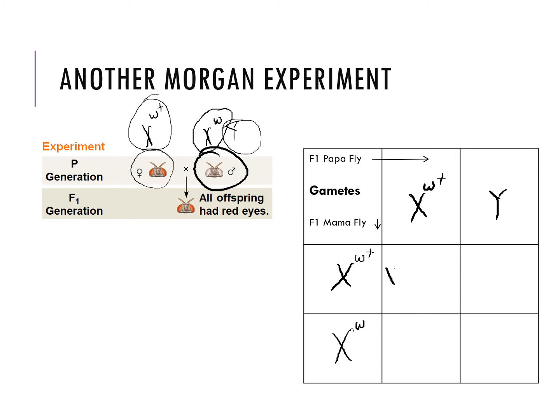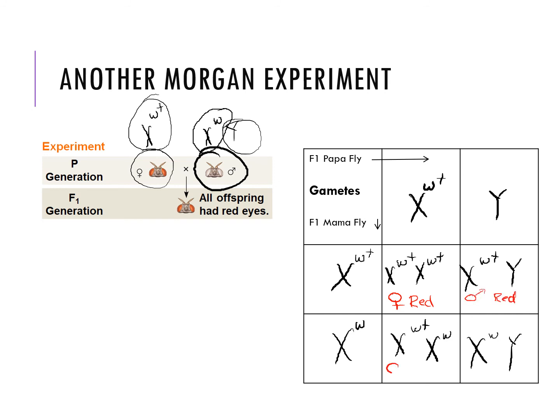So we fill this out again. And this is what we end up with. So we'll have a female with red eyes. We'll have a male with red eyes.